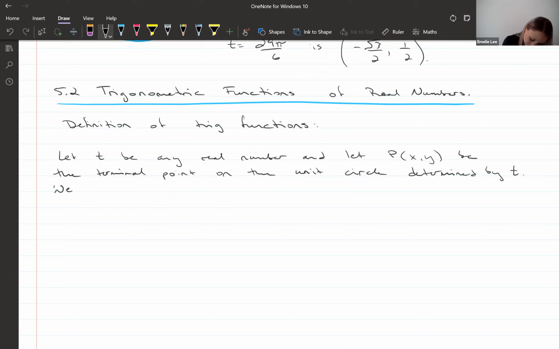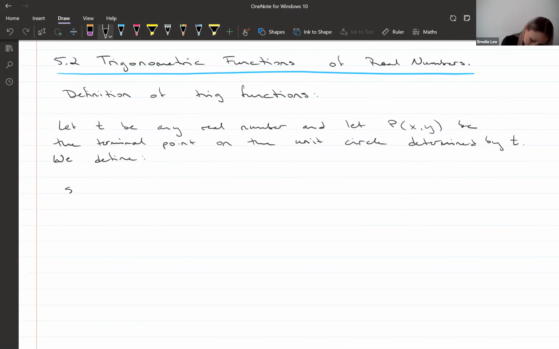So what we're going to do, we define sine t to be y. And it's exactly the same y that you have in your point. Okay, that's useful, right? Because if you know pi over 4, if t is pi over 4, for example, then x is root 2 over 2 and y is root 2 over 2.